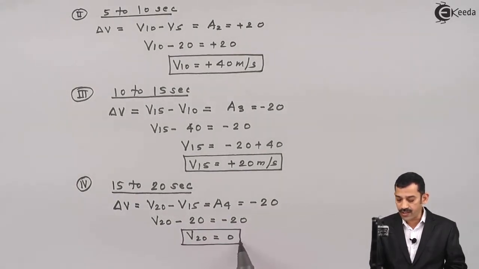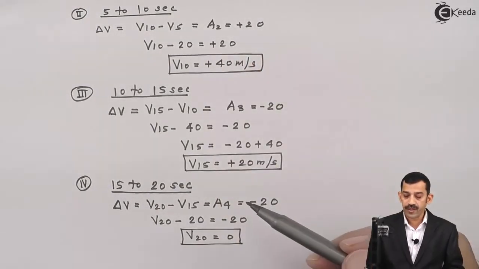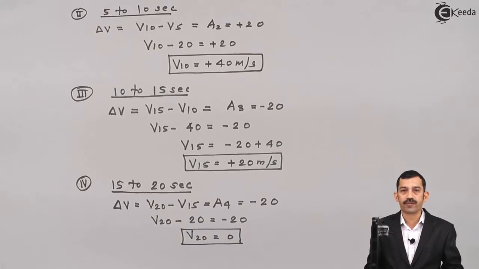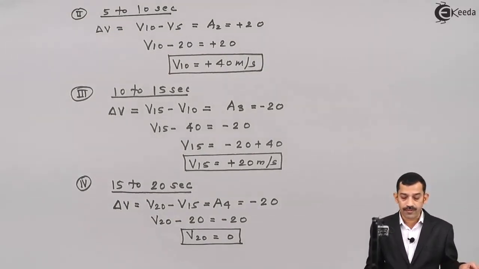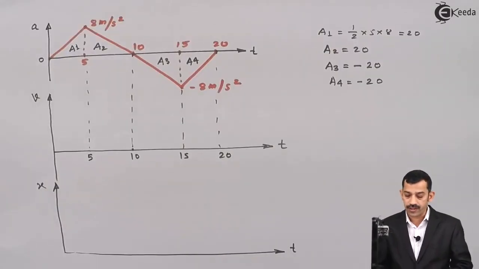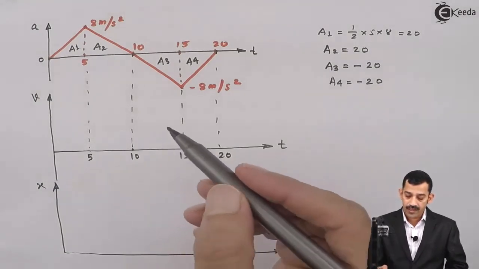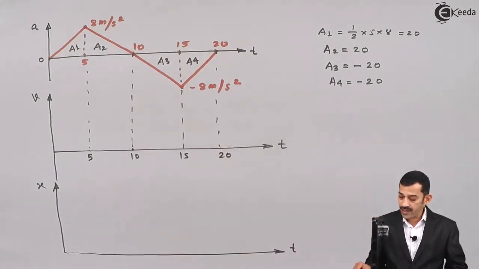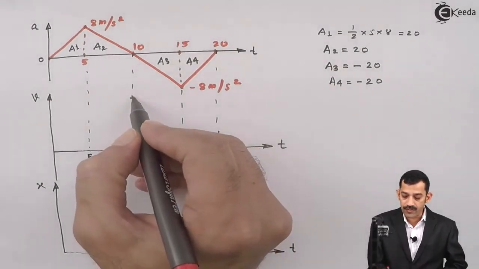Now you know velocities at all the time instances. Velocity at 5 seconds is 20. Velocity at 10 seconds is 40 meters per second. Velocity at 15 seconds is again 20 meters per second, and velocity at 20 seconds is 0. Now if we represent it in our VT diagram, the maximum velocity we are getting is at 10 seconds, which is equal to 40 meters per second.